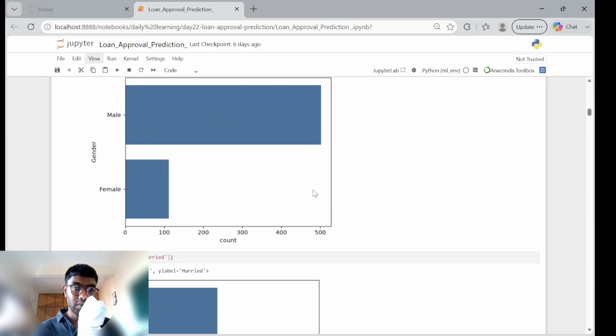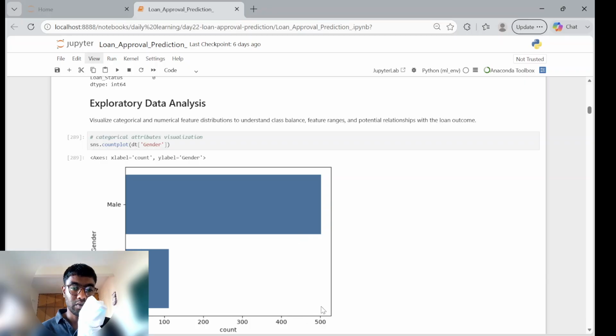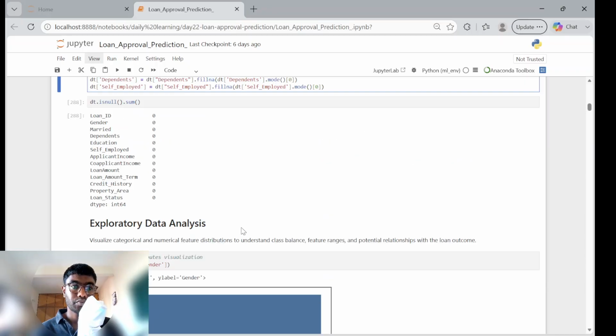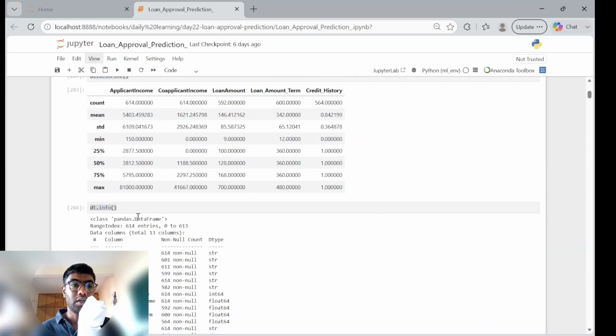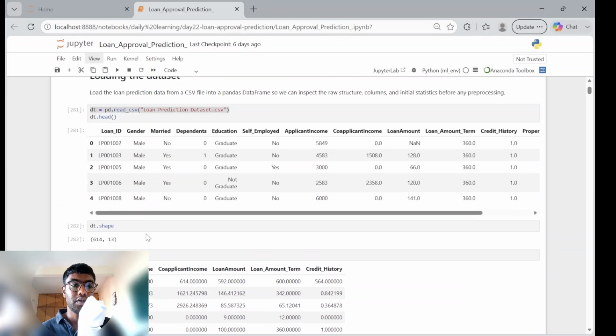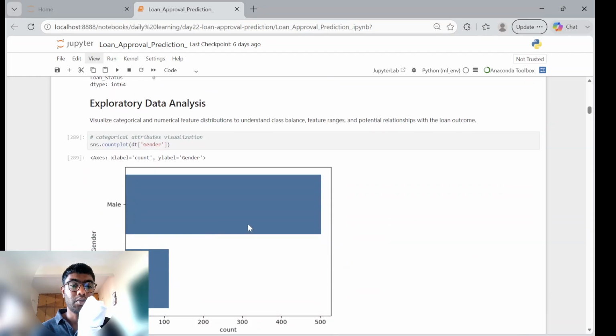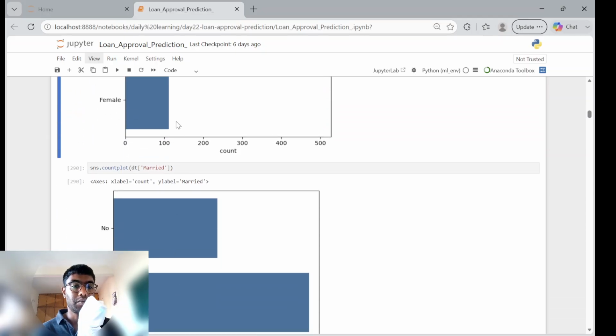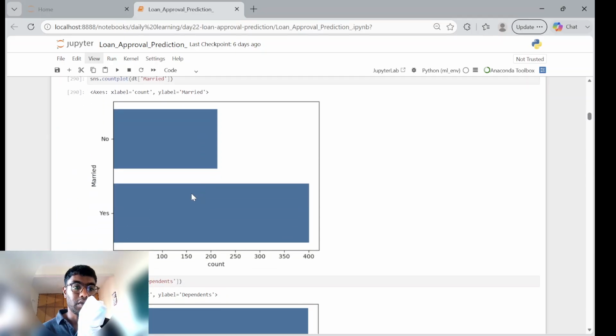So we see here, another important factor to consider is there are about 614 data points, and there are about 114 here and 500 here, so that constitutes about 500 male and female close to 100 or so, right? 20% female and 80% male. Marital status is another one.